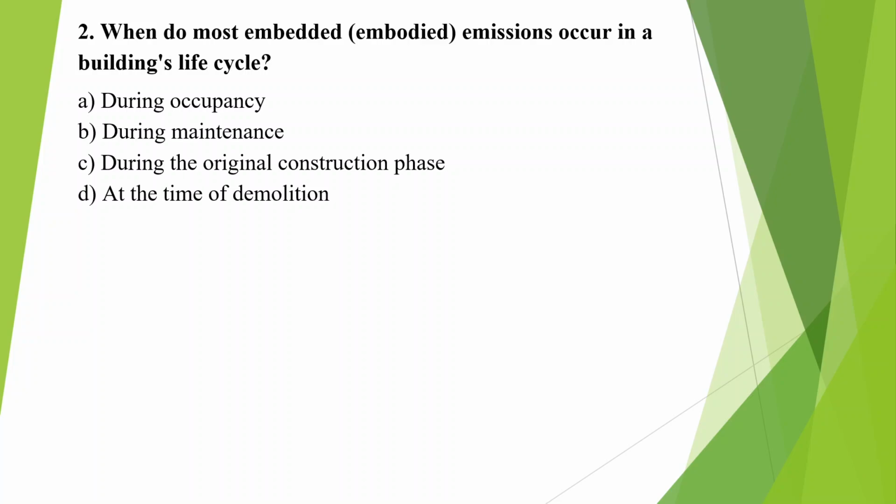It can be done with one or two machines. The original construction phase requires proper planning and proper machining of all things, including finishing and piping. That's why it accounts for most of the embodied emissions. Is it clear now?